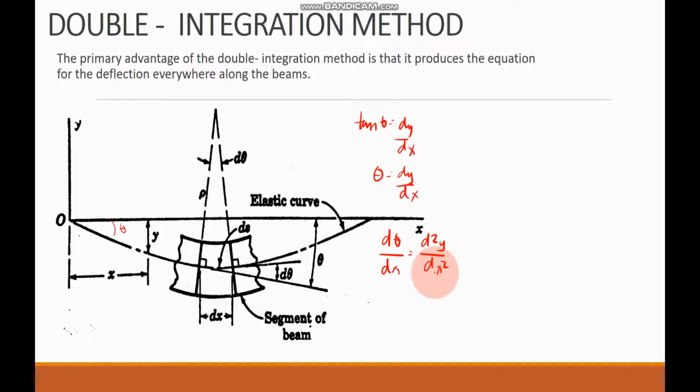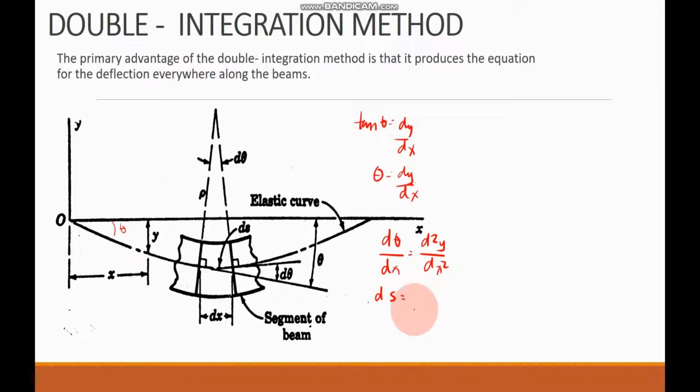So we can also consider the variation in theta using the differential length ds. So this is the differential length ds from our elastic curve caused by bending in the beam. So we have our differential length ds is equal to rho multiplied by d theta, tama?